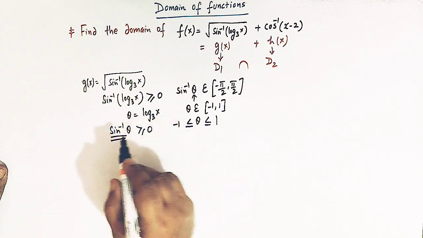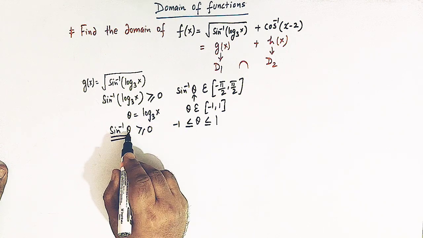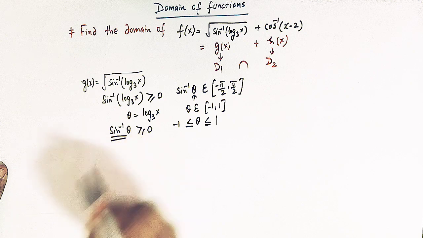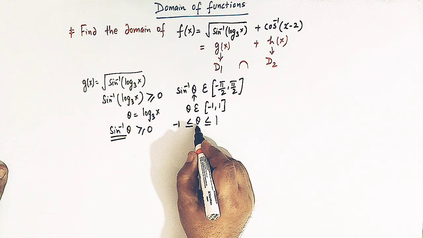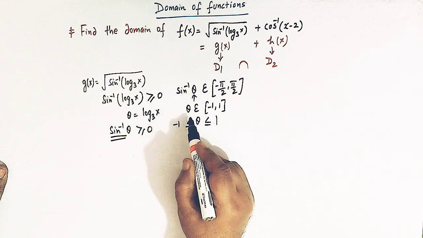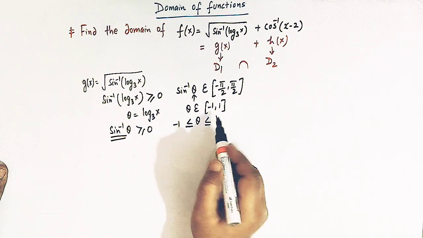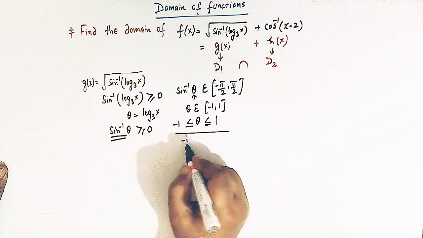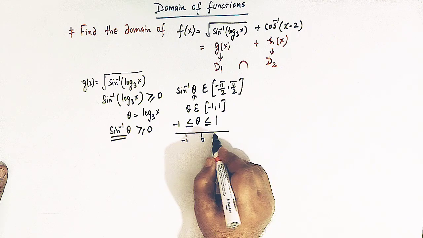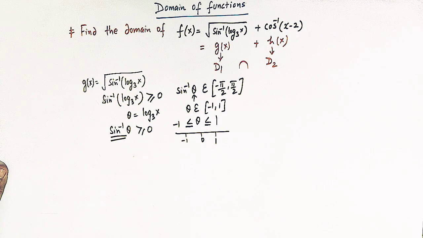Okay, now see, here sine inverse theta should be greater than or equal to 0, right? And here we are saying that this theta must lie between minus 1 and 1. So here we have minus 1, here we have 0, and here we have 1, right?